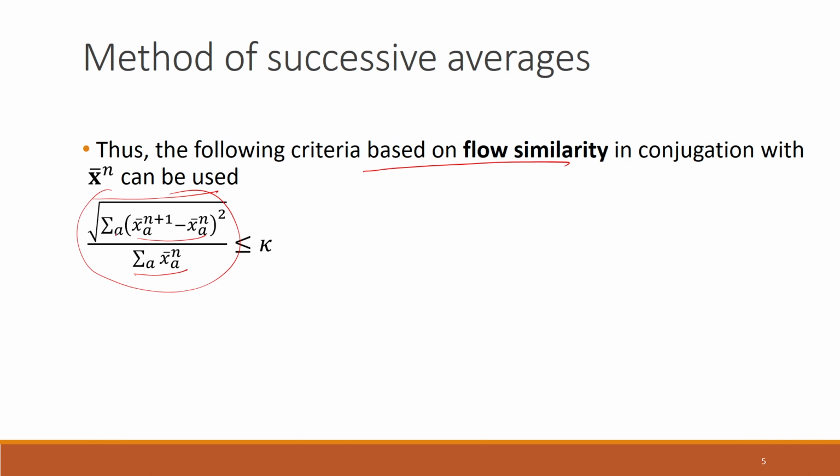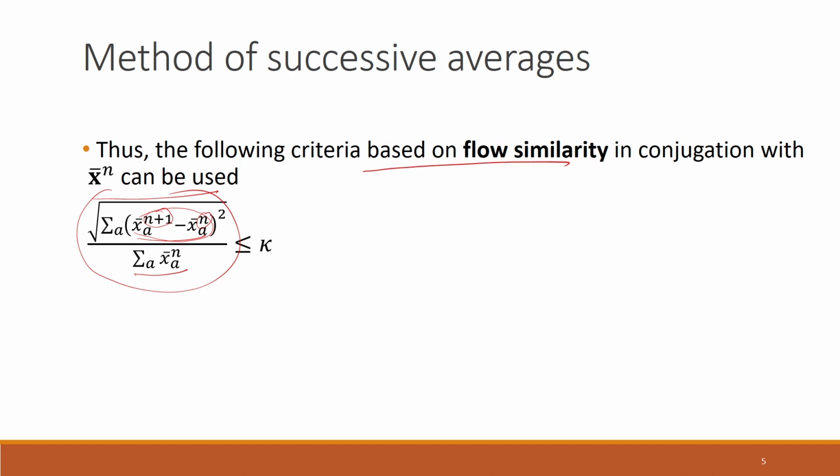In a way, for every link A, we are trying to see how much is the difference of the flow averaged over the last m iterations when we consider the last iteration to be n plus 1 versus when we consider the last iteration to be n.